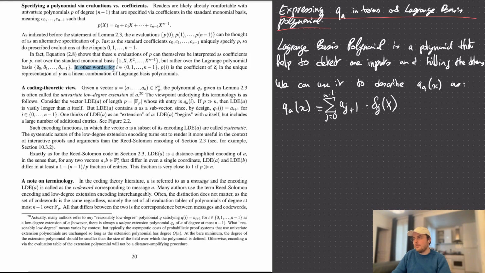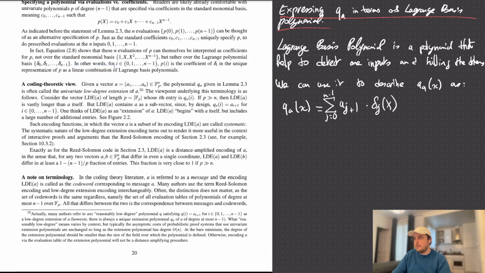In other words, for I in a set of inputs, p of I is the coefficient of delta I in the unique representation of P as a linear combination of Lagrange basis polynomials. Okay, I understand this, but I don't understand the point of the text.